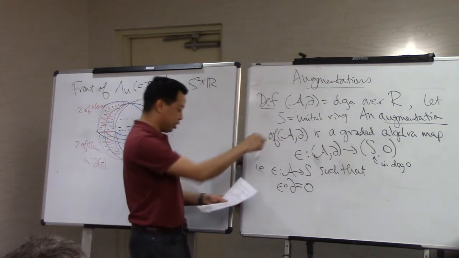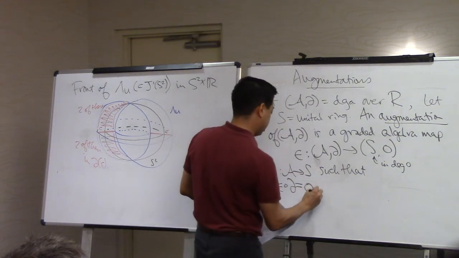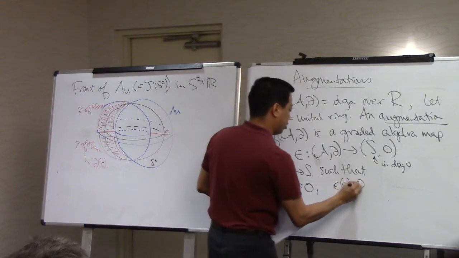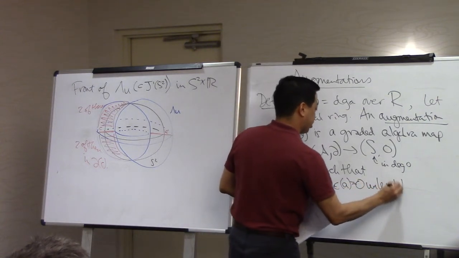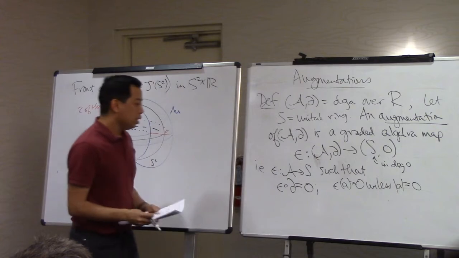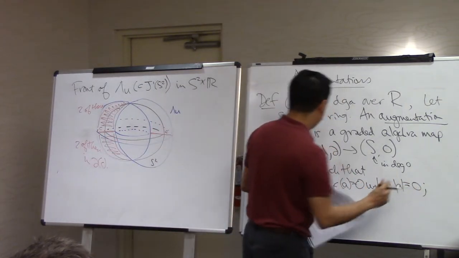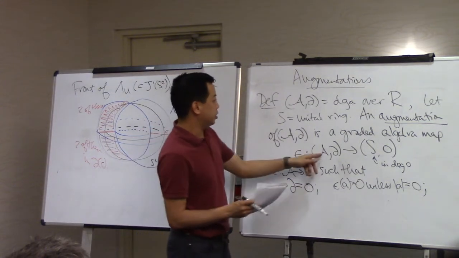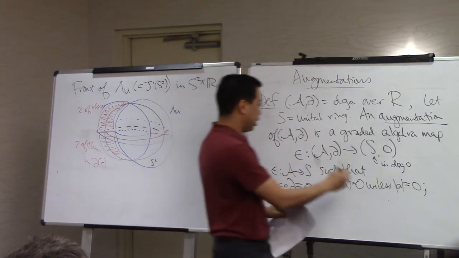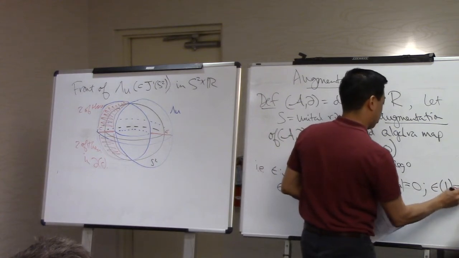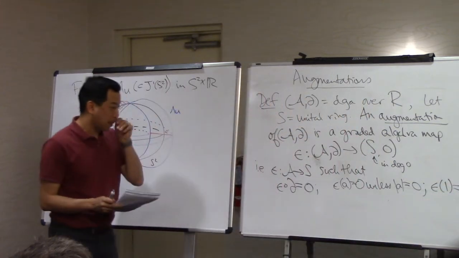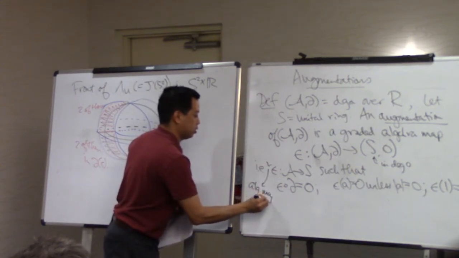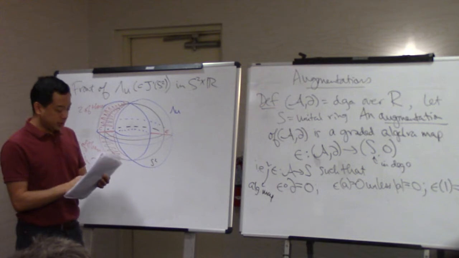And then the other thing, the degree part, is that epsilon of a is equal to 0 unless a has degree 0. And finally, this differential graded algebra has a unit in it, which is the unit in R, and that needs to be set to 1.